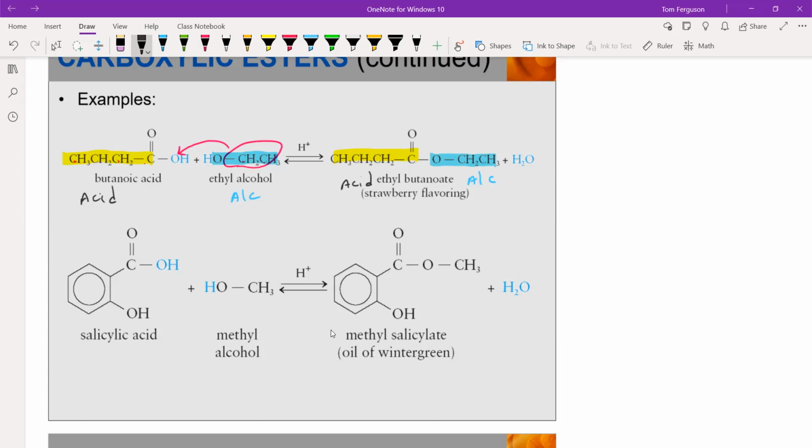and we're going to talk about naming in a minute here. You're going to see in the lab, when we do a lab with esters, you're going to find that this acid here, butanoic acid, is extremely smelly. That's what gives rancid cream, rancid butter, cow patties.